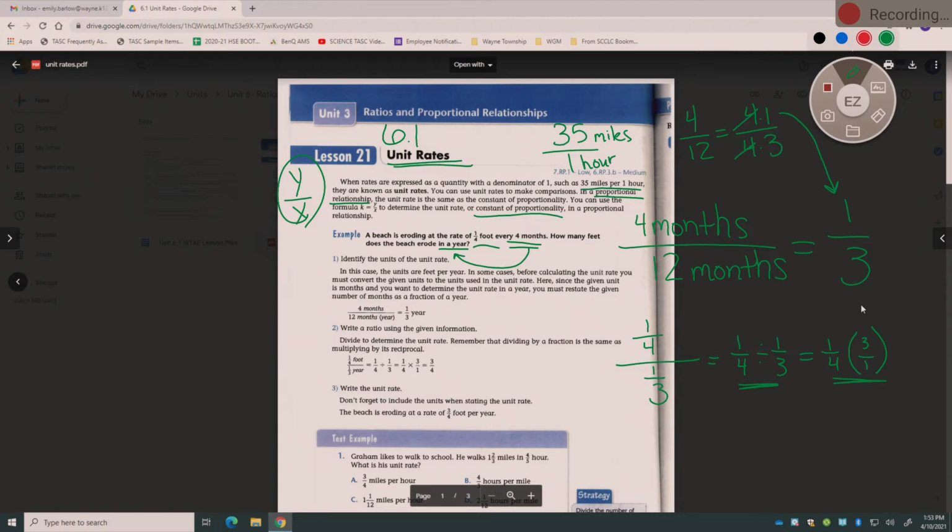And that feels much better, right? Because when I'm multiplying fractions, I just do 1 times 3 equals 3, and 4 times 1 equals 4. So my unit rate is 3/4, and if I need to put in my units, then it would be 3/4 foot per year.